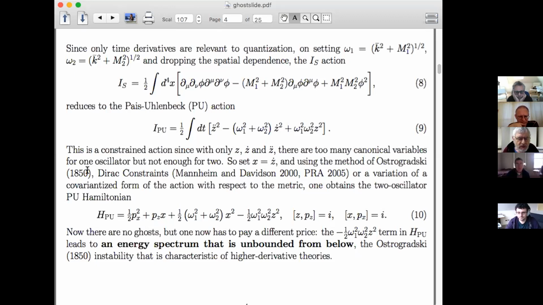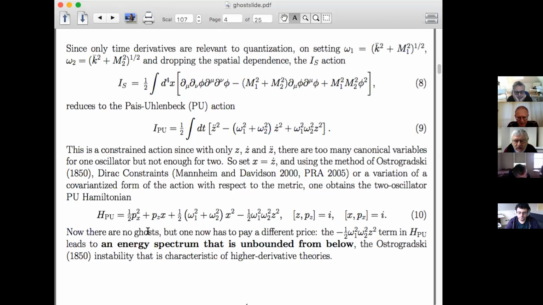You can use his method, Aaron Davidson and I use the method of Dirac constraints, and the other way is to covariantize the action and vary with respect to the metric. And when you do this, you obtain the following two oscillator Hamiltonian, two sets of canonical variables, z and pz, x and px. Now, this is a regular quantum mechanics.